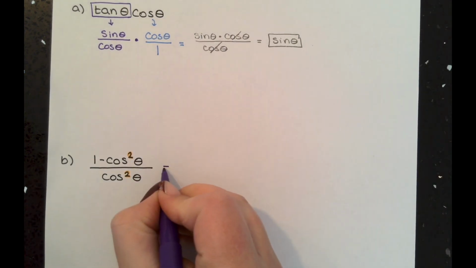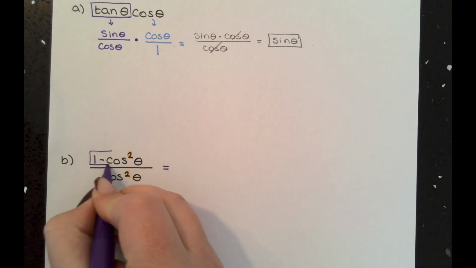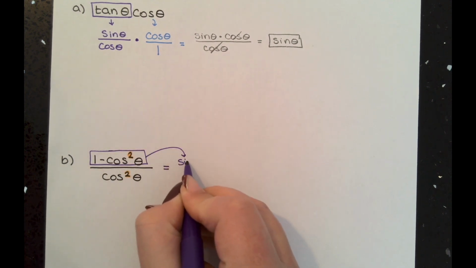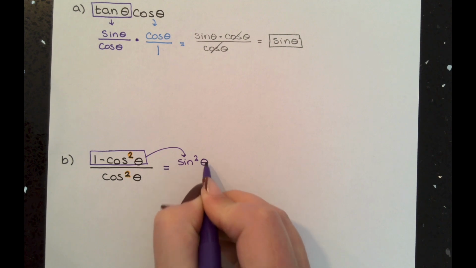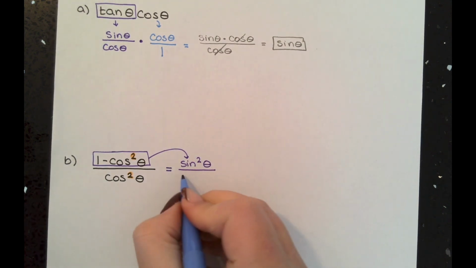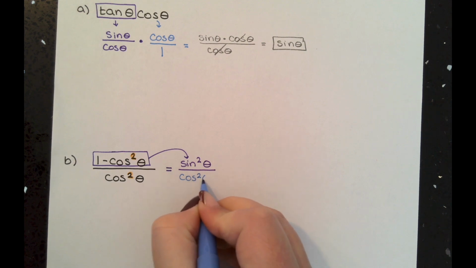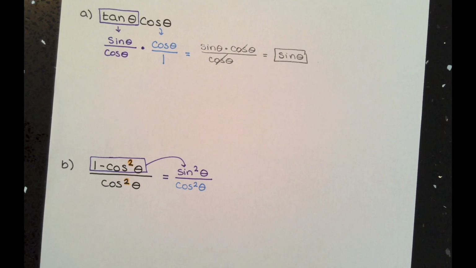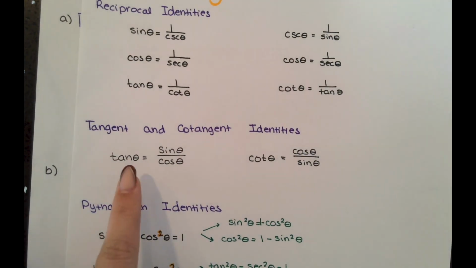1 minus cosine squared of theta is equal to sine squared of theta. So I'm going to rewrite this as sine squared of theta over my original cosine squared of theta. Now again, alert, alert, alert. We still have that squared function, but I also know I have a sine over a cosine. That rings a bell for me. Let's go back to our cheat sheet.